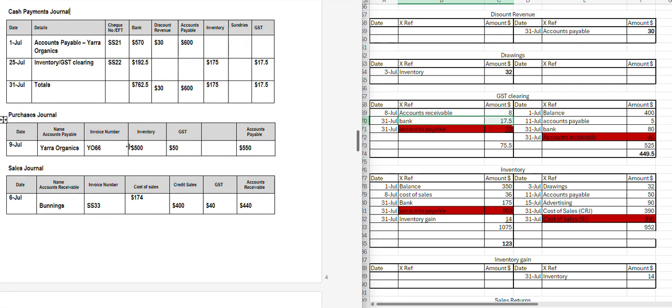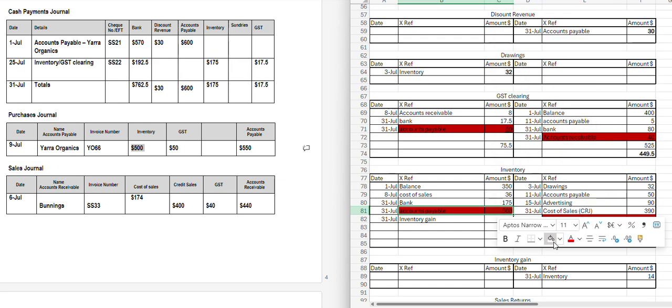Purchases journal. So again, the date I'm working with here is the 31st of July, pretending that that's when we were told to post. So we've got $500 that we've bought on credit. So that's going to increase our inventory. An increase in inventory, which is an asset, will be a debit entry.